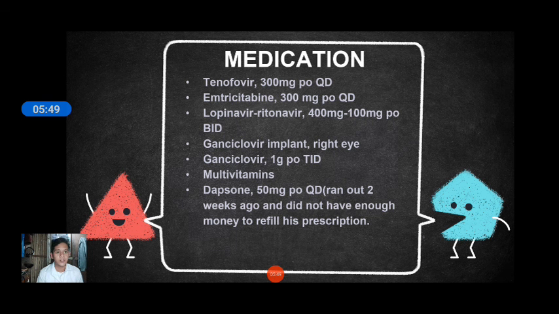Lopinavir or ritonavir, 400 milligram and 100 milligram, twice a day. And ganciclovir implant for his right eye, and ganciclovir 1 gram taken orally thrice a day. Multivitamins and dapsone 50 milligram taken orally once a day.